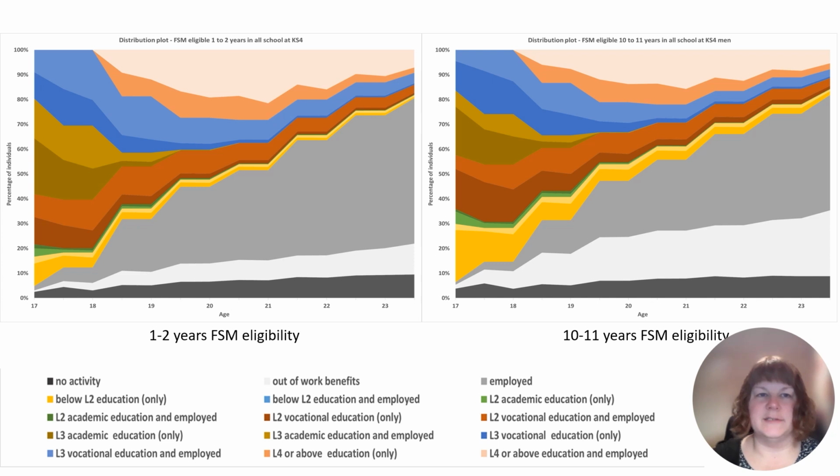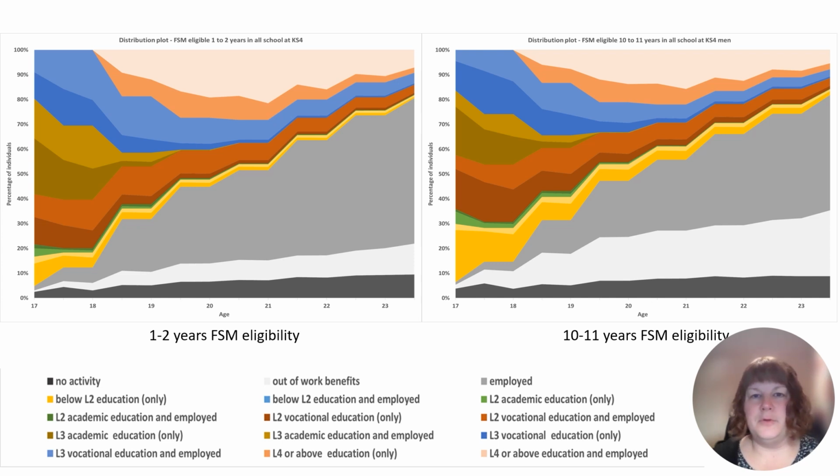I'm not going to flick backwards and forwards so you can check, but the figure for those eligible for just 1 or 2 years of free school meals, which is the first group just inside our more disadvantaged group, is not a million miles away from the figure I showed you for the lowest of our quartiles based on the neighbourhood measures. There's not a dramatic difference between individuals just as you cross over that boundary for being eligible for free school meals. On the right-hand side, though, you can see some quite big differences compared to the left-hand figure.